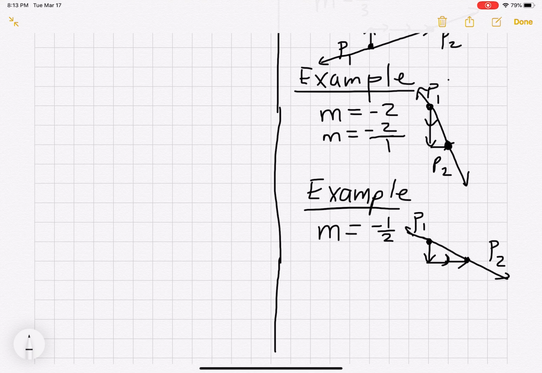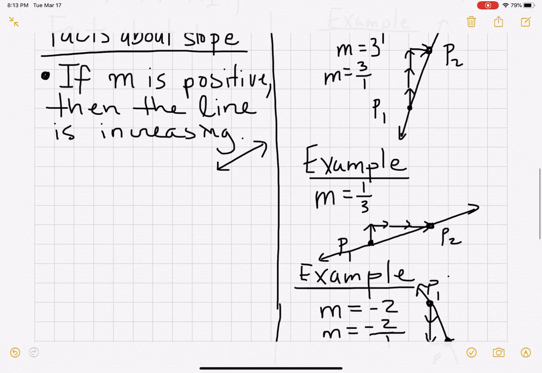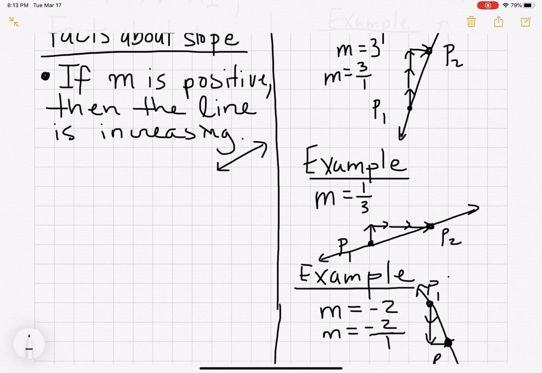So notice that in these second examples where you have negative slopes, notice what's going on with the line. It's going in a downwards motion as you go from left to right. Right? From left to right, the line's going down. It's called a decreasing line as you go from left to right. So let's write that important fact down. Here, so we have if m is positive, the line is increasing.